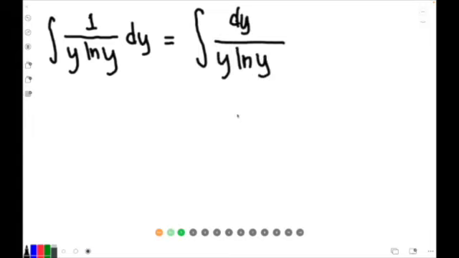Since we are involving natural logarithms here, we should first identify the variable that we will be assigning by u substitution. So let's use u substitution and identify u. What can be our u in this equation?